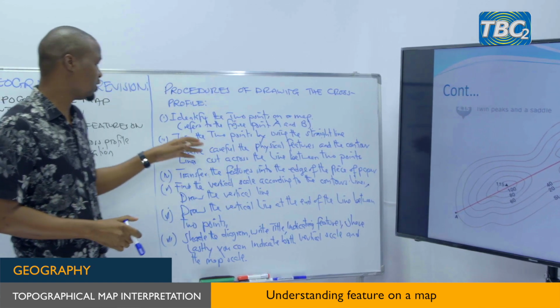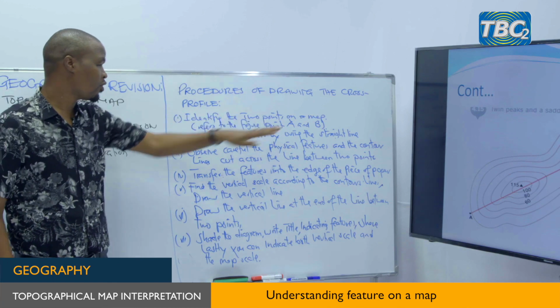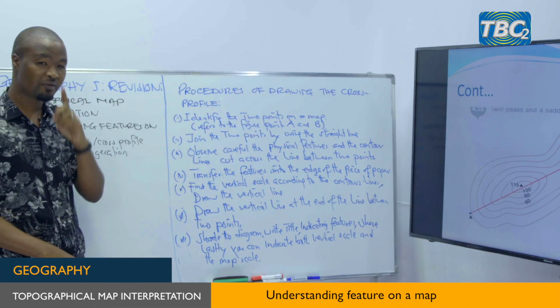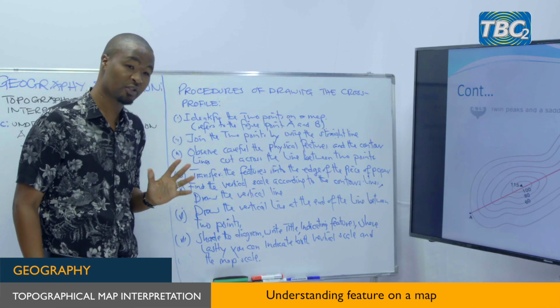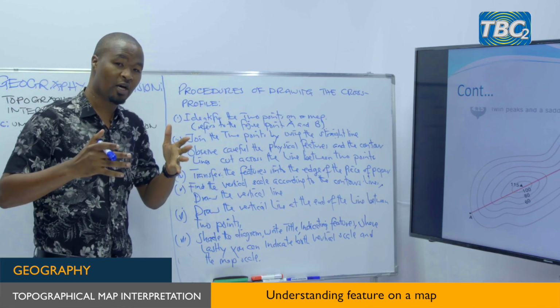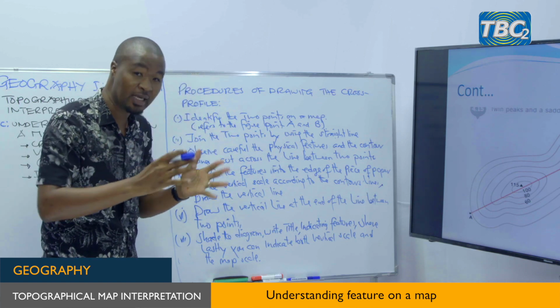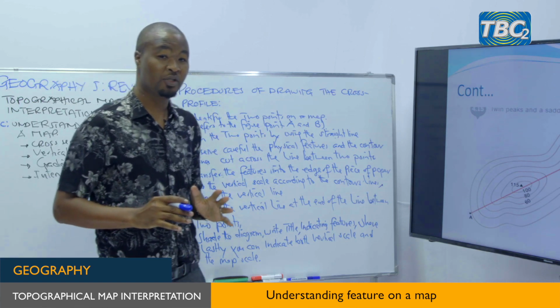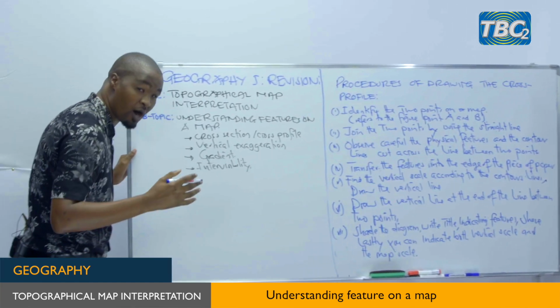So let's see the first procedure. Identify the 2 points on a given map. It means the first procedure is to identify the 2 points asked, because the question normally asks to draw the cross section between point A and point B. You see how the question is asked.